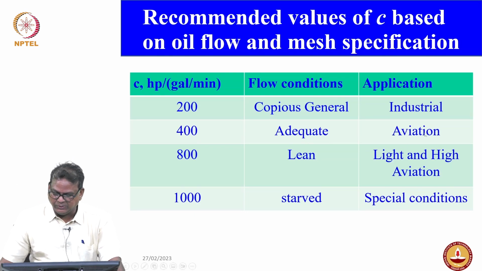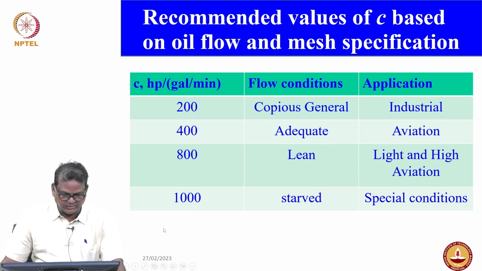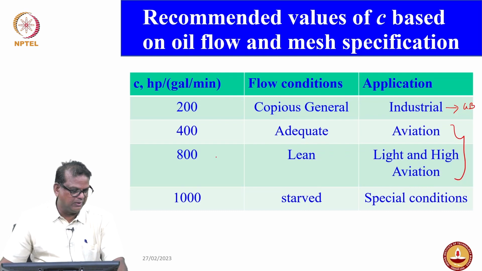So it is for adequate aviation aspect, and if it's 800, it will be a lean condition, where you need a light and high aviation space application. This is again for 1000 as a starved condition. Your general gearbox and automobile gearbox fall under this category. Anything on aviation falls under 400 or 800.